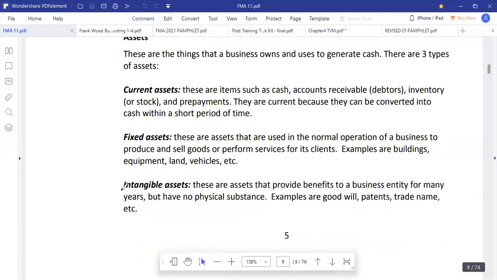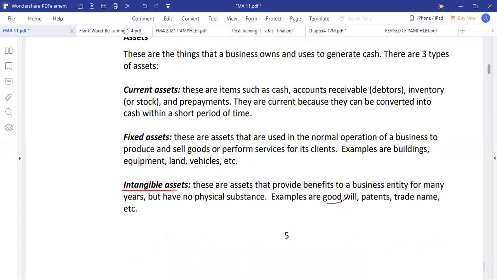Then we also have what are called intangible assets. Intangible assets are simply assets that provide benefit to a business entity for many years, but they have no physical substance. The intangible assets can be goodwill, the patent, the trade name, etc. So goodwill is simply a good name that an institution or a business could have, and people will buy the name to trade.